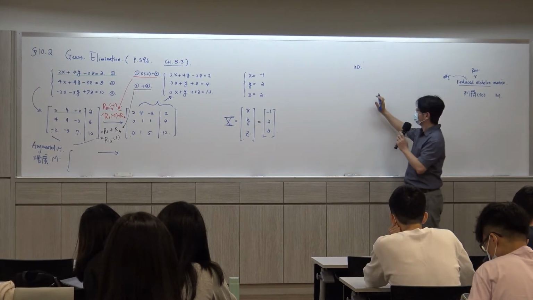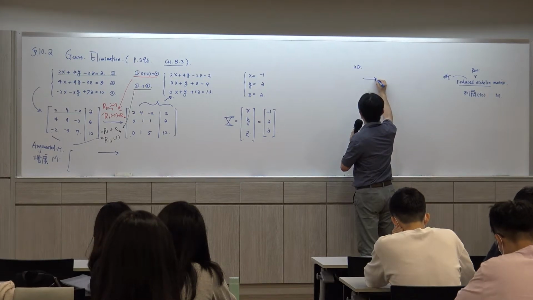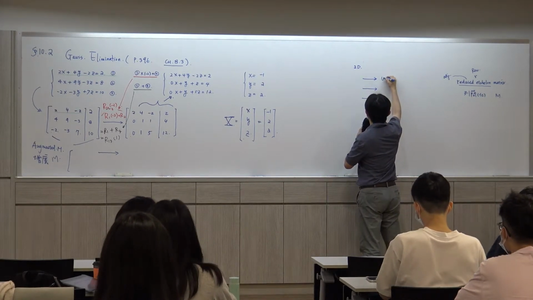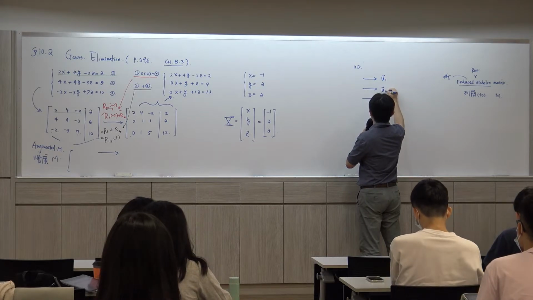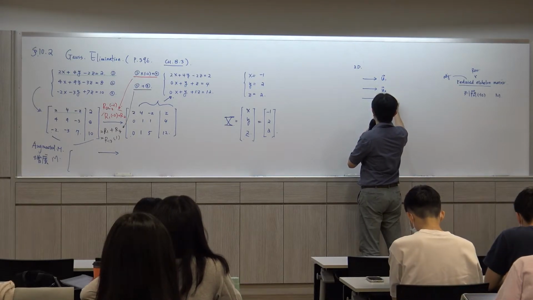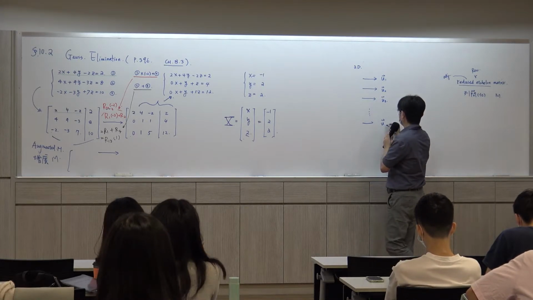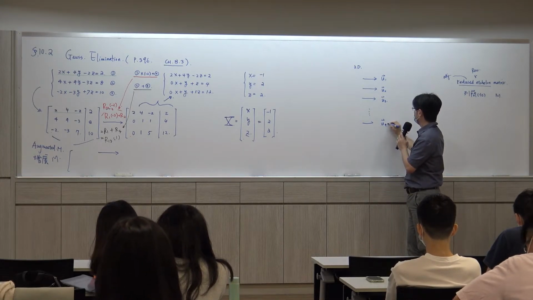So you can imagine if we have vector 1, vector 2, vector 3 to vector 99.